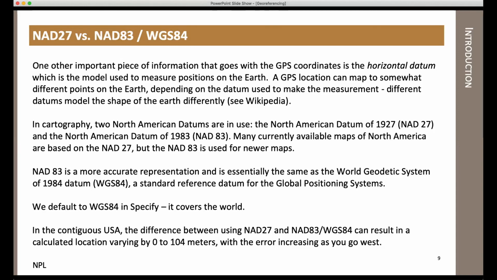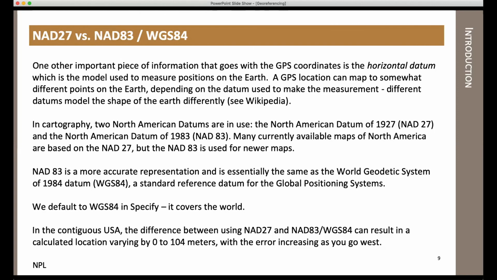Maps made prior to 1983 typically were using this earlier standard. All the modern maps are using 83. All of the collections that we're dealing with and the GPS system that we're currently using use NAD 83, effectively because it's essentially identical to the World Geodetic System of 1984, which covers the entire world.